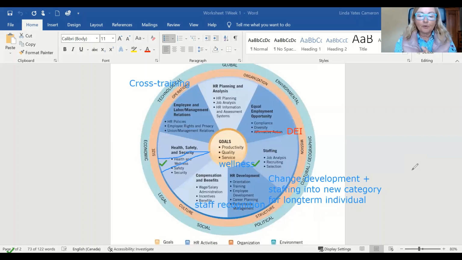Now this focus on supporting employees to stay healthy and being concerned about their wellness and providing employee assistance programs and things like that, it's huge, and it's so big that we're actually going to do a whole assignment on it. So yeah, great stuff. Anybody else want to change anything on the chart?